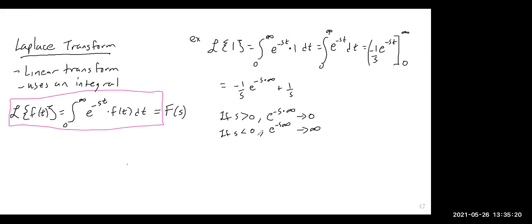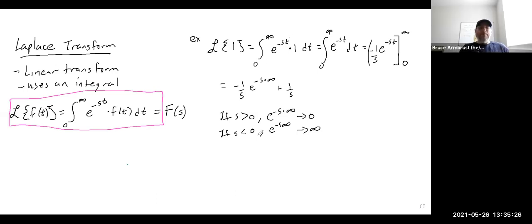And it can't be equal to 0, because we're trying to divide by 0, and that doesn't work. In fact, if s equals 0, let me just show you this real quick.